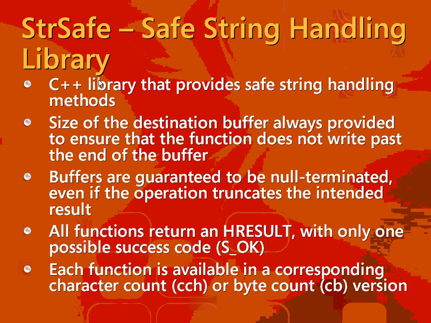So you can always use the success code, S_OK, to be sure that it succeeded, or one of the possible error codes that we'll cover later. Another nice thing about this is each of these functions is available in both character count and byte count modes in order to provide an easier way for you to differentiate between character operations and byte operations in code.